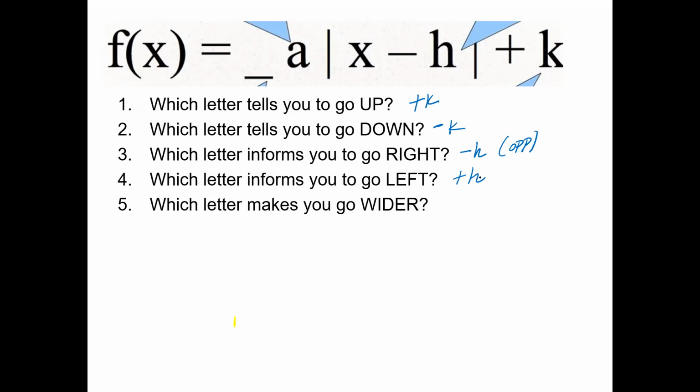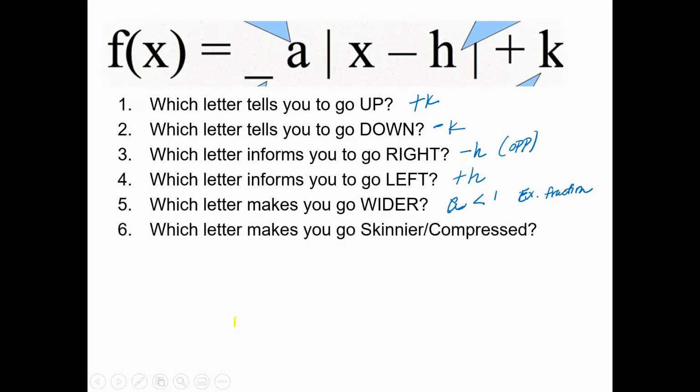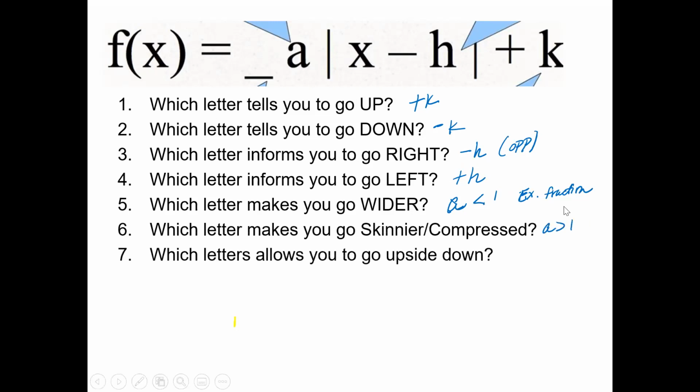Which letter makes you go wider? Well, if A is going to be smaller than 1, so for example if it's in a fraction, it'll be wider. Which letter makes you get skinnier? If A is bigger than 1, it'll get skinnier. Which letter allows you to go upside down?